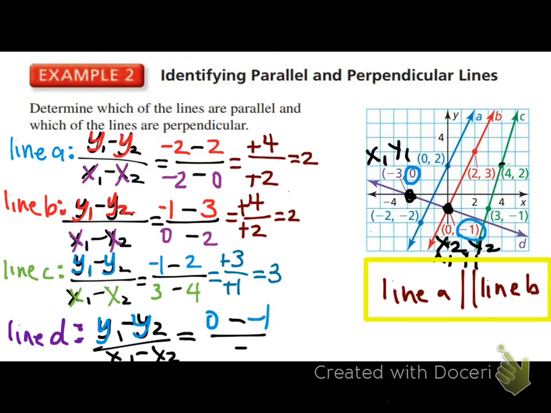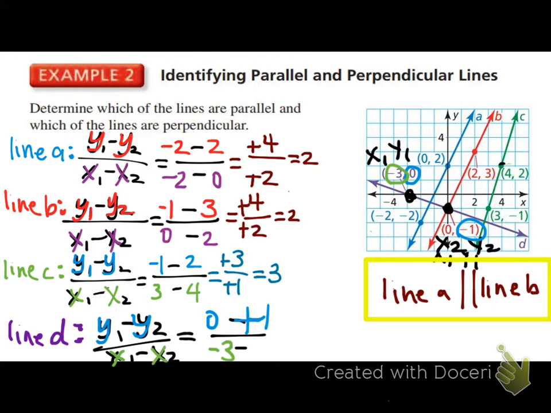-1. When I plug in that -1 and there's already a negative, we're looking at this point and this point. Sorry, it does become positive. All right, my first x, it is -3.